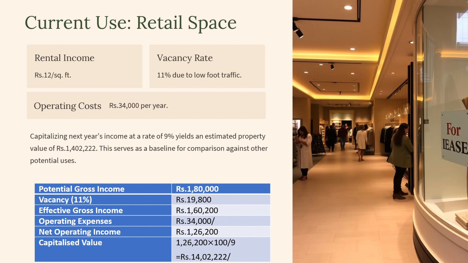Operating expenses are given to you as 34,000 per year. So net operating income is 1,26,200 and we capitalize this value at 9% yield. The value comes out to be 14,02,222.